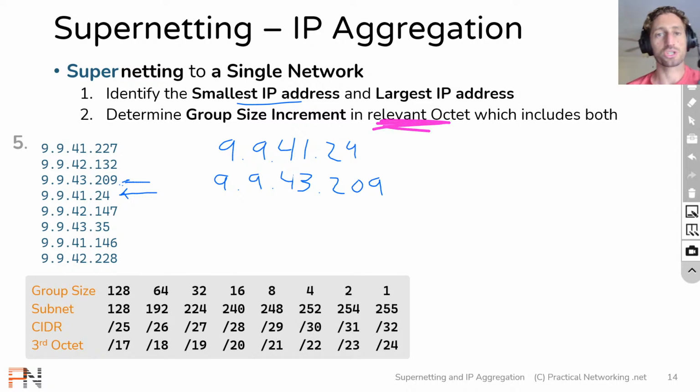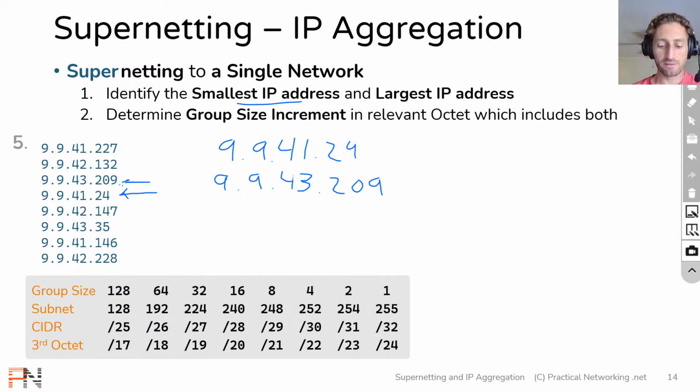Now, here's the thing. Notice the instruction said the relevant octet. Well, in this case, since changes are happening in the third octet, that is actually my relevant octet. So I need to find an increment that includes both 41 and 43.